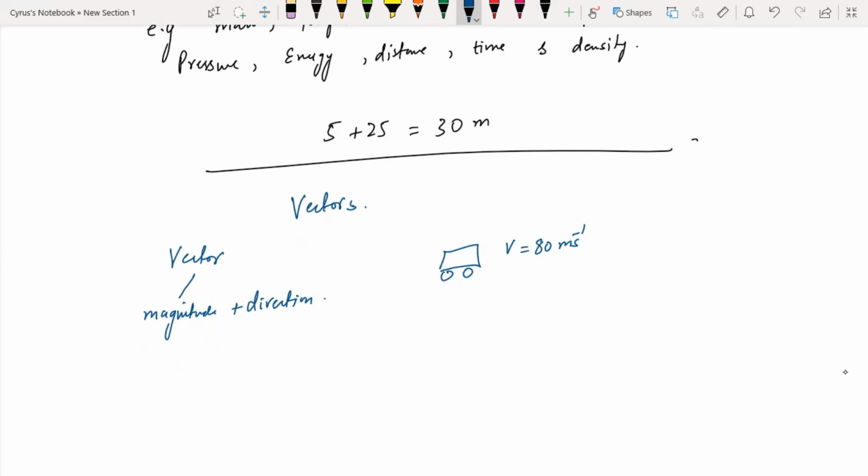If we align the magnitude of the speed with the direction, it becomes a vector. It becomes velocity. We have magnitude, we have direction, and when we combine both of these, that becomes a vector, which is the velocity.